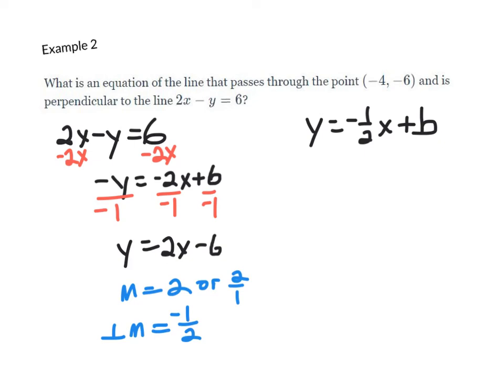And now what we have to do is determine what the b is by plugging in the x and y here. That'll give us the b, and then we can just rewrite this equation with the b that we determined. So we have our x and we have our y. All right, let's go ahead and plug that in.